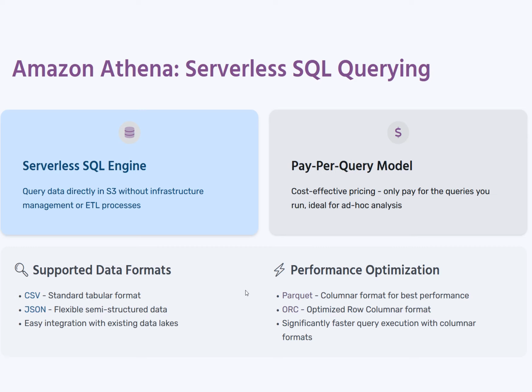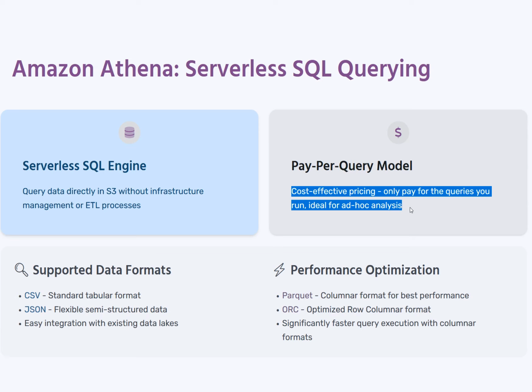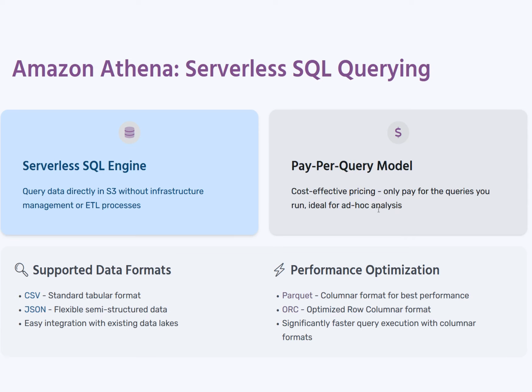So Amazon Athena is a serverless SQL query service that can query through S3, right? Query data directly in S3 without infrastructure management for the ETL process. So you can query raw data, or you can do the ETL process to get the data optimized, right? Pay-per-query model, right? This is ideal for ad hoc analysis if you don't have much budget to use Redshift.